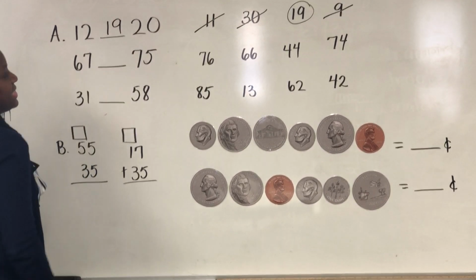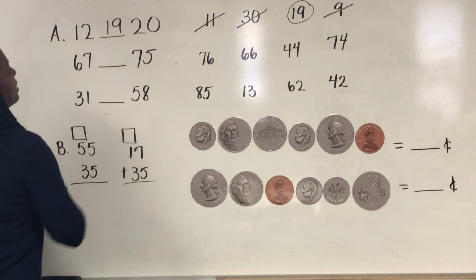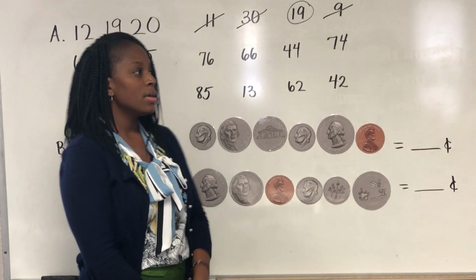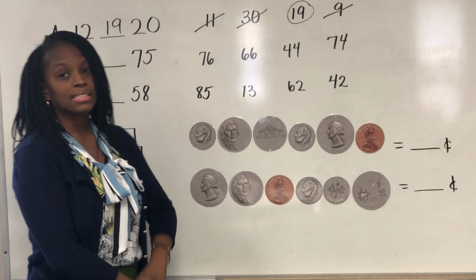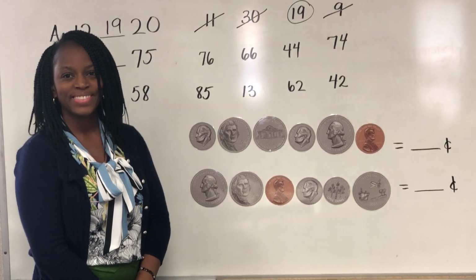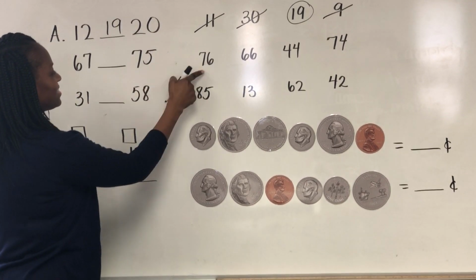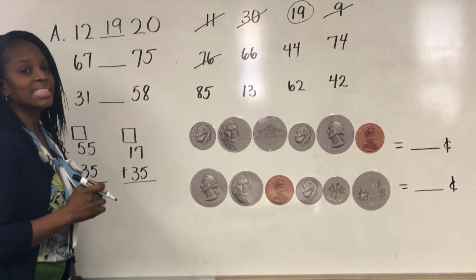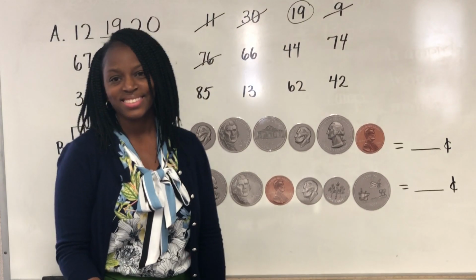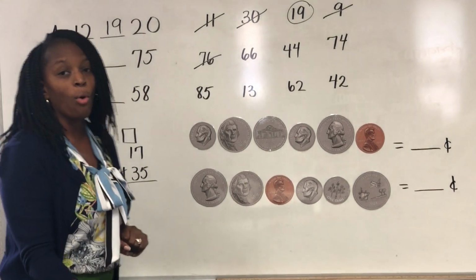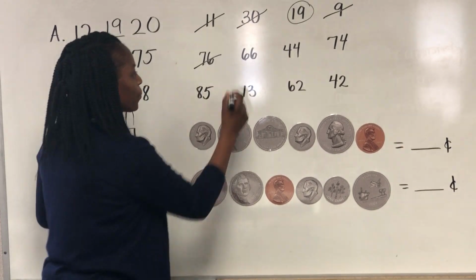Now let's take a look at 67 and 75. Does the number 76 go between 67 and 75? No, 76 is the after number for 75. What about 66? 66 comes right before 67, so that won't work.